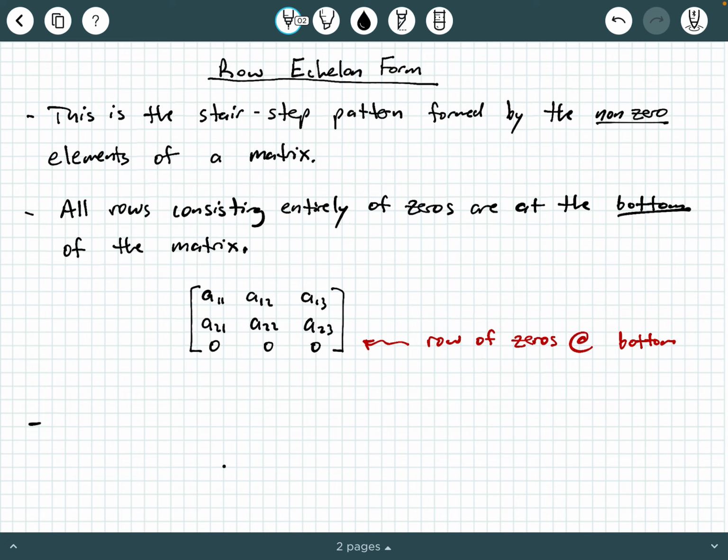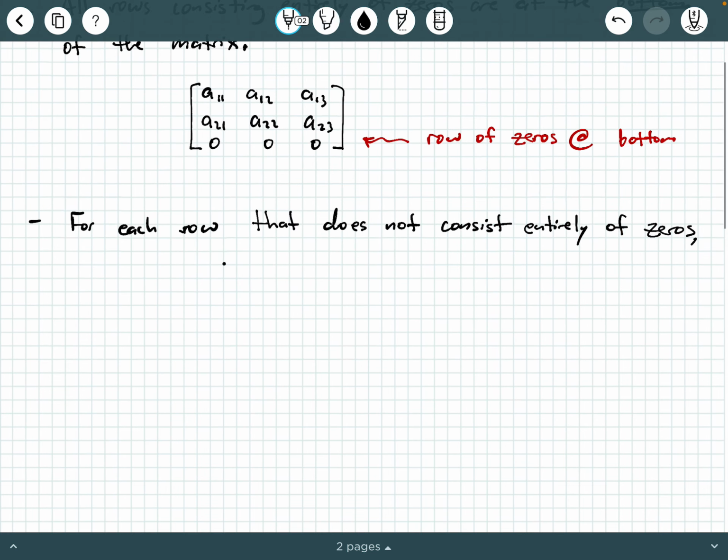Okay, so that's one stipulation if you have a row of all zeros. Okay, the next stipulation is that for each row that does not consist entirely of zeros, the first non-zero entry is a value of 1.